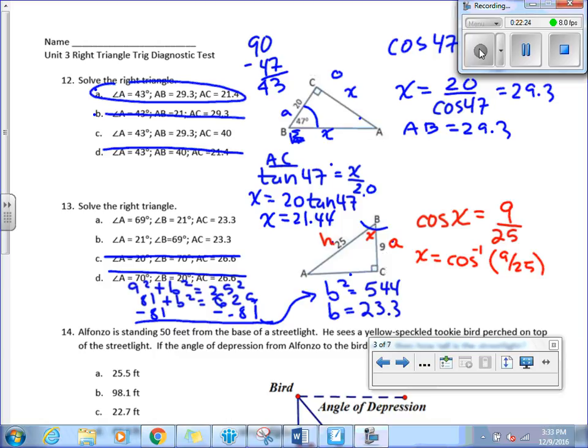So remember to get that exponent there. That means that it's an inverse function. Remember, inverse is like reverse, working backwards. So I'm going to go second cosine, and then in the parentheses, I'm just going to enter 9 divided by 25. It's just easy that way. Okay, put it on.